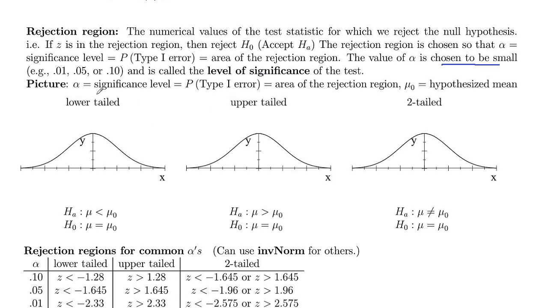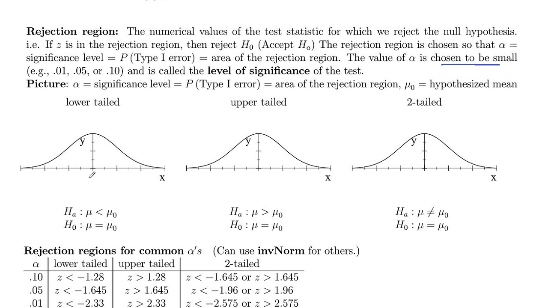So here's a picture. Alpha is our significance level, which is the probability of type 1 error or area of the rejection region. Mu 0 is our hypothesized mean. If we have a lower-tailed test, then our alternative is that the mean is less than the hypothesized value. The null is that it equals.